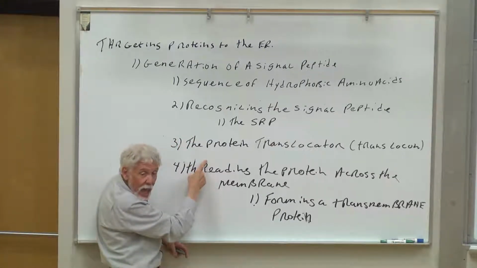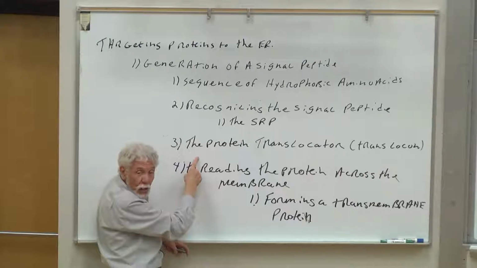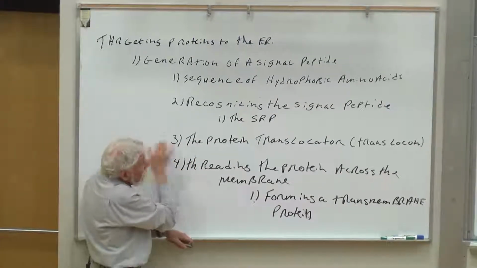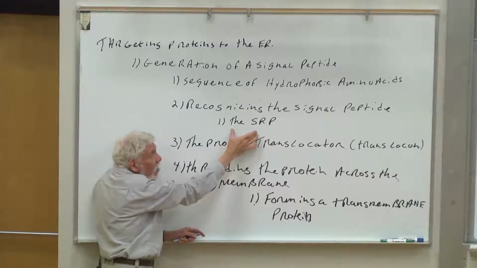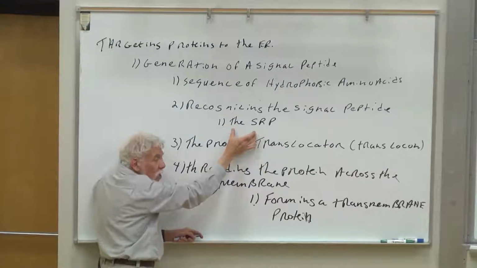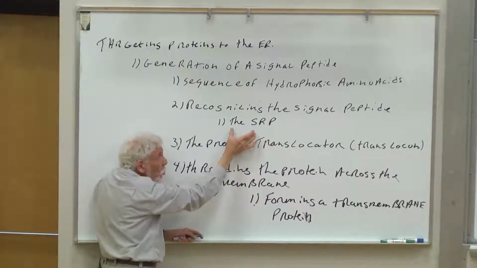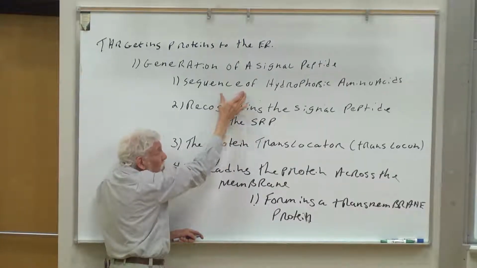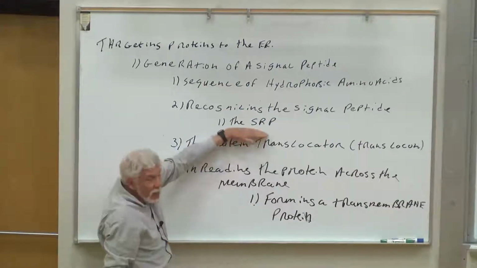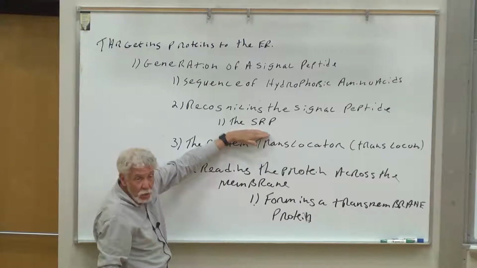Because we have to account for that, because we need to be dealing with transmembrane proteins. Well, the first step is to hide the hydrophobic amino acids of the signal peptide with the signal recognition particle. We'll sequester these hydrophobic amino acids from the aqueous environment by binding them to the signal recognition particle.